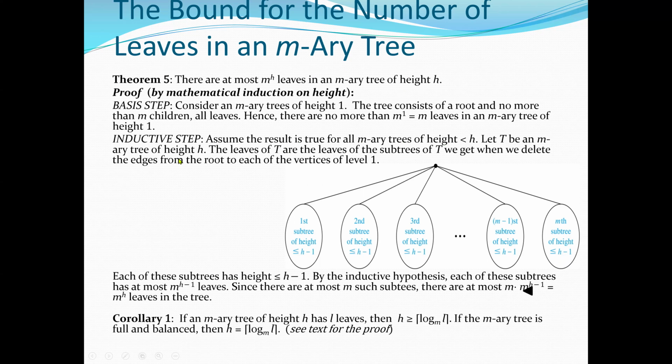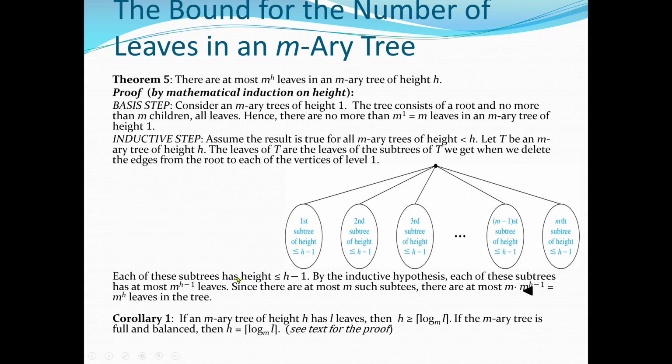Now, let T be an m-Ary tree of height h. So the leaves of T are the leaves of the subtrees of T we get when we delete the edge from the root to each of the vertices of level 1. And that's what we are trying to get. So we have a root with first, second, third, up to m subtrees.